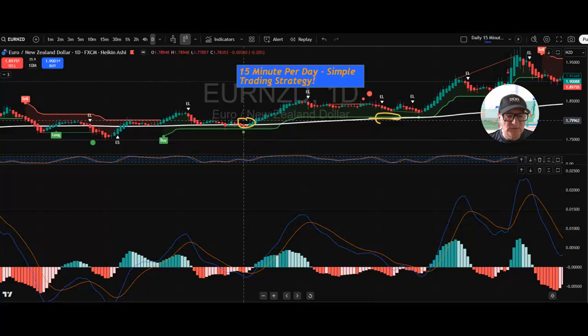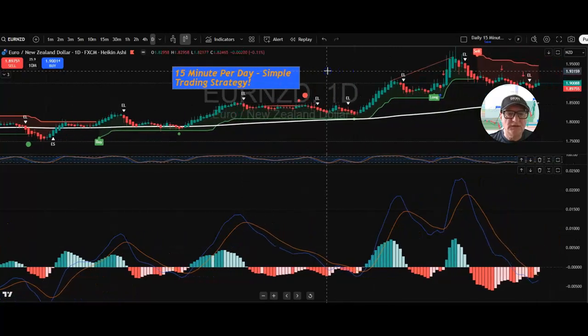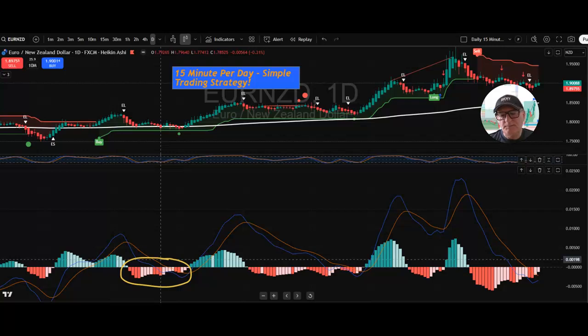The signal lines are above the waterline, which indicates bullish behavior, or bullish confirmation and momentum. And then in a bullish trend, we are looking for the histogram to go red. That might seem a bit odd, but we're just looking for the correction.